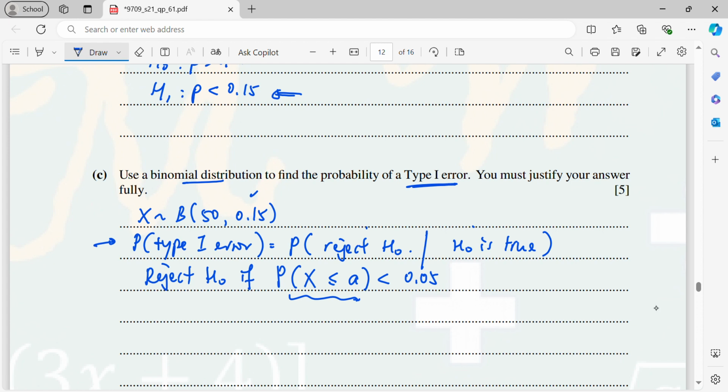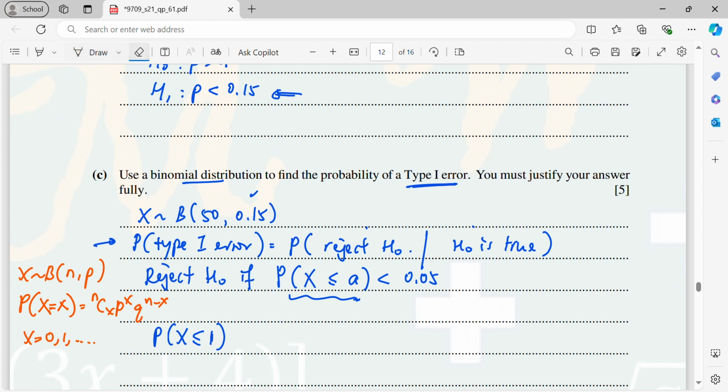Okay, so now I will start with P(X less than or equal to 1) first. I'm not sure what values I should take, but we need to consider at least one student. Now for your information, if it is binomially distributed with n and p, the probability for this distribution is basically nCx, p^x, q^(n minus x). And then x starts from 0, 1, 2, and so on.